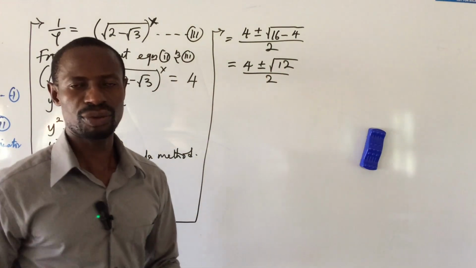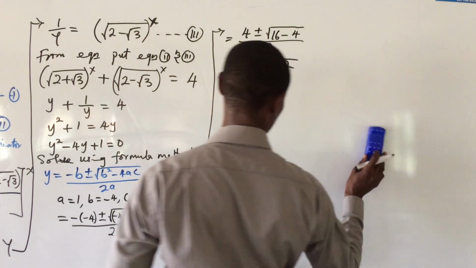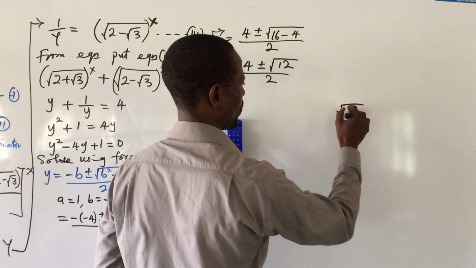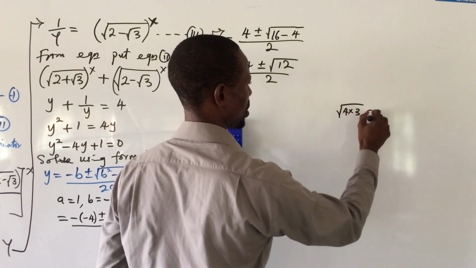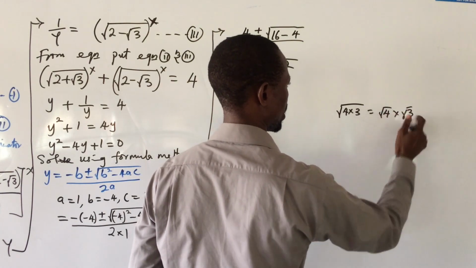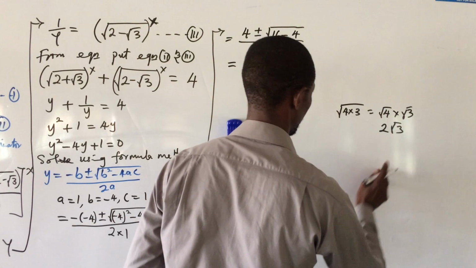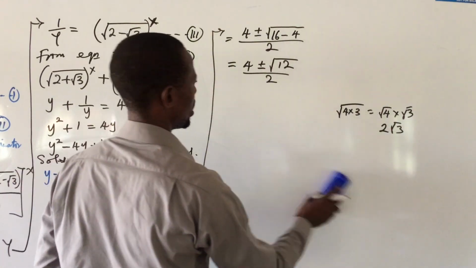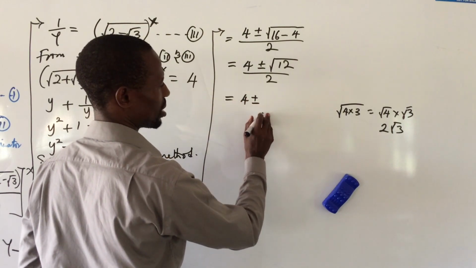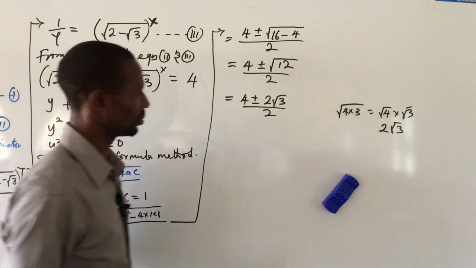So from here, this is same thing as 4 plus or minus square root of 12 all over 2. Now, root 12 can also be simplified, from surd. Root 12 can be written as root of 4 times 3, which is equivalent to root 4 times root 3. And root 4 is 2. So this is going to give us 2 root 3. So the whole of this can be written as 4 plus or minus 2 root 3 all over 2.